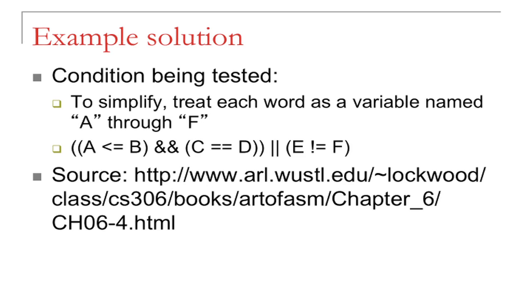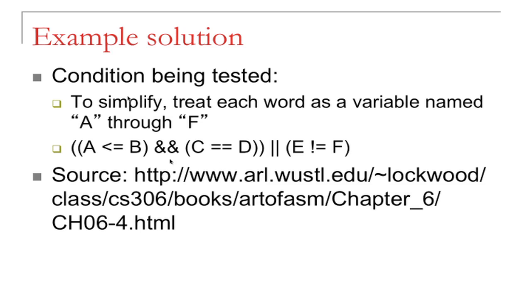So what we are checking, the relationship among these conditions, is actually here as shown in this slide. We are checking first whether A is less than B or not, and we also will check whether C is equal to D or not.